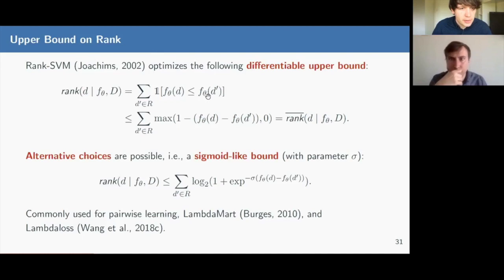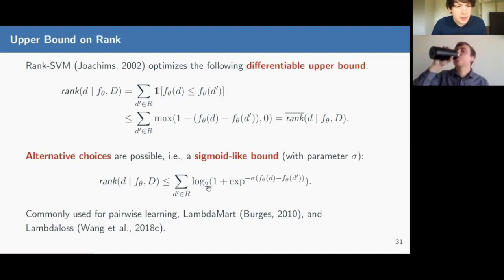There are other choices. So there's a sigmoid-like bound. This is famous in LambdaRank or LambdaMART, even the latest LambdaLoss. It's the same idea. We have a function here that uses the score difference between the document that we want to rank of and all the other documents, which is always greater than the indicator function we have up here.